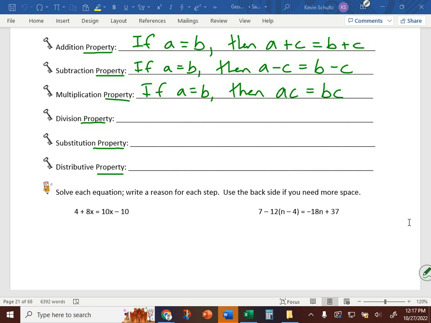Okay, so if A equals B, then A divided by C equals B divided by C, with one exception.